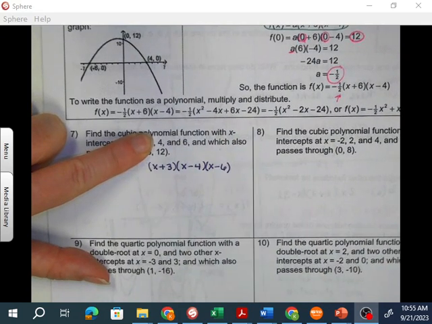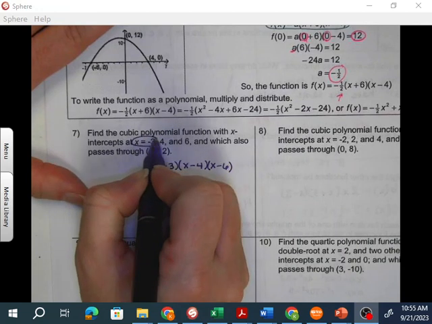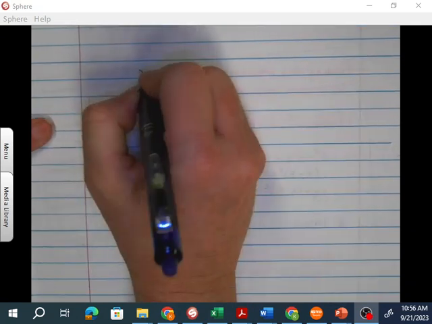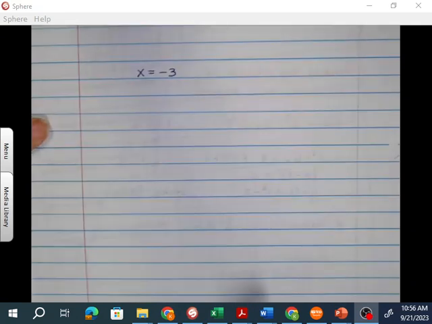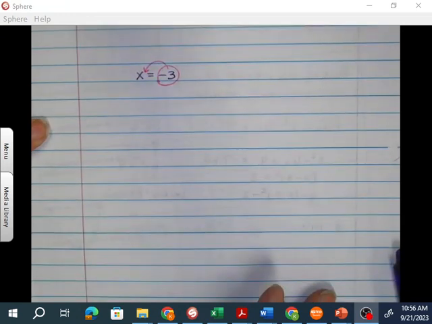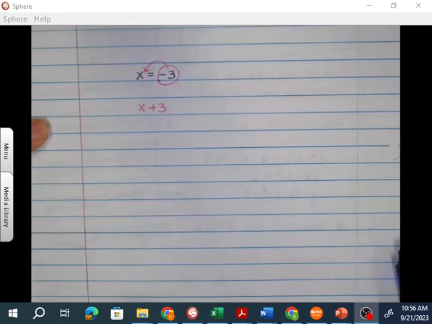Quick reminder about why they are what they are. If you look at this right here, x equals -3. I'm going to do this on a separate page real quick. They wrote x equals -3 because it's an x-intercept. If I take that -3 and move it to the other side so that I no longer have an equal sign, it becomes x plus 3 with no equal sign, correct?